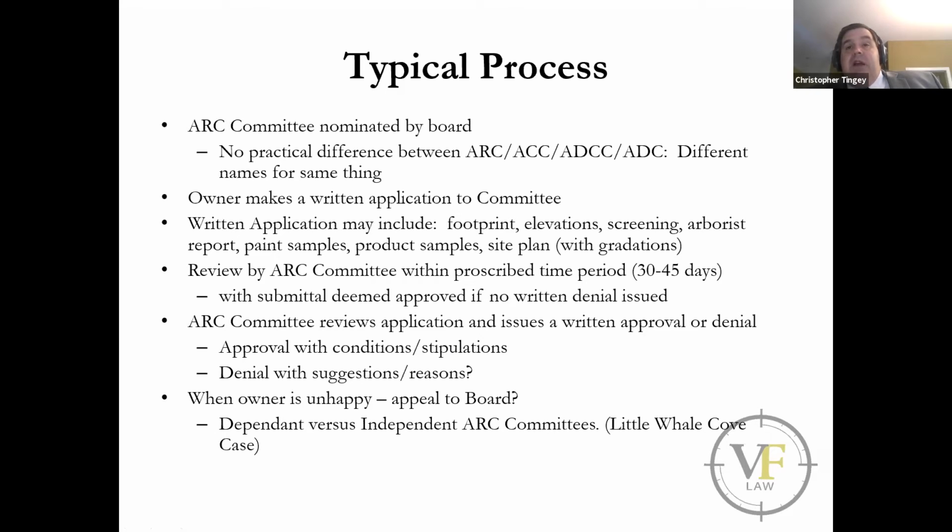Maybe it is approval with a condition that you show an architect's report that this material is a good substitute for the material we ordinarily require, because materials change and get better over time. And if you can show that this is the equivalent, then we're fine with it. Maybe you deny it for reasons that it's too close to the setback line. But if you can show that you can do it all within the setbacks, we're going to do it.